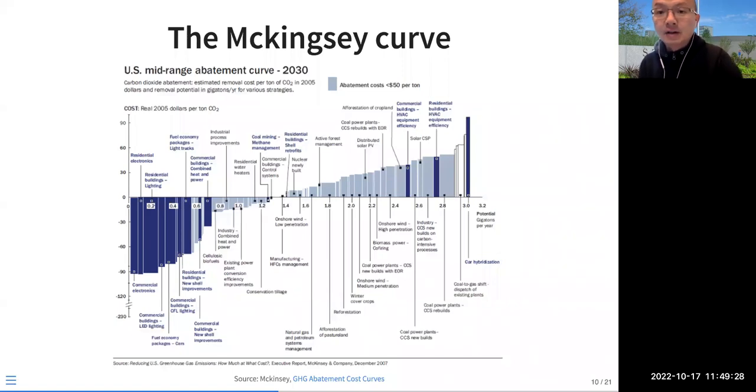The abatement cost is the cost to reduce one ton of carbon dioxide from the atmosphere. And the horizontal scale shows the cumulative mitigation potential of all the technologies. So for each technology, it has a cost. Some are negative. That's very important to interpret this chart.